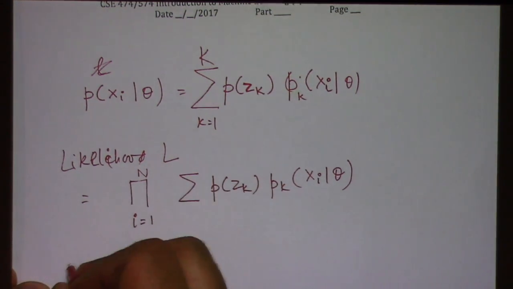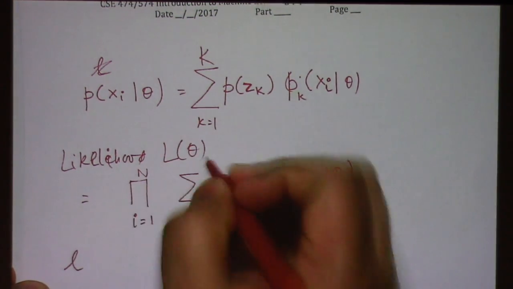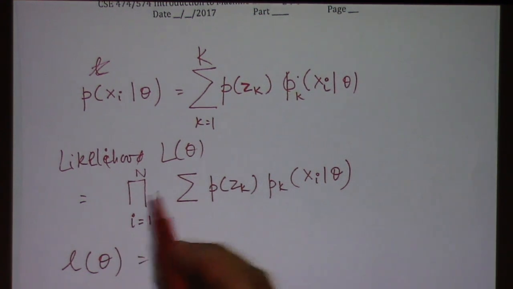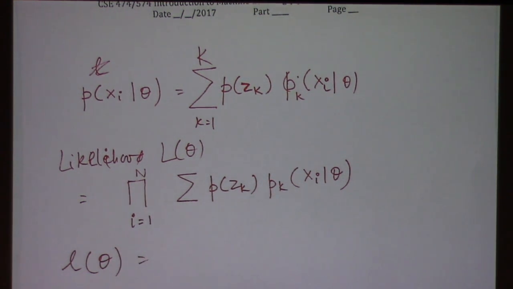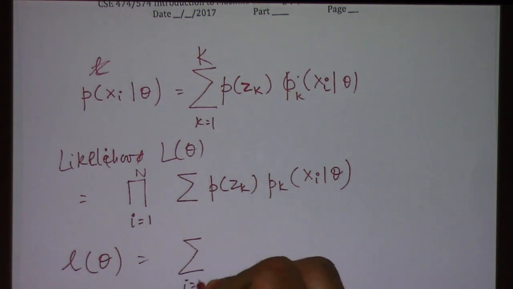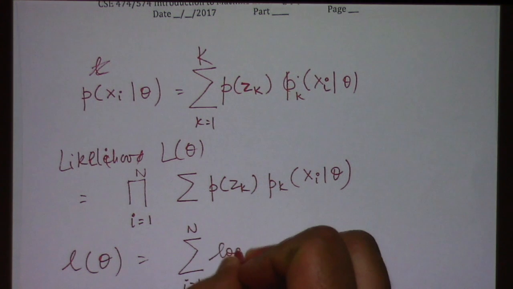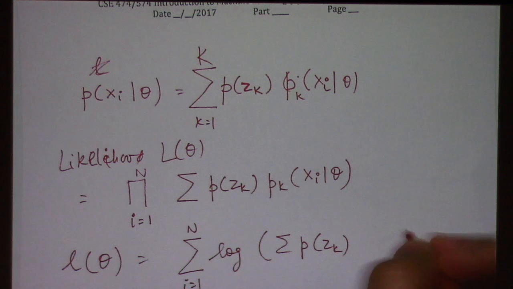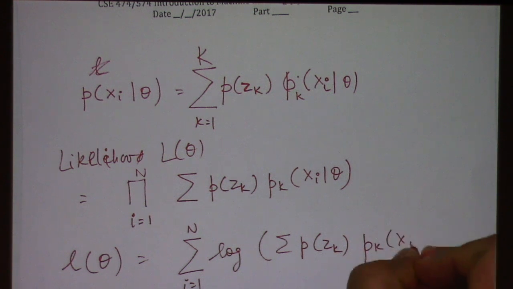Then I can take a log here, and this is a function of theta, the log likelihood of your data. The reason we take the log is that this product becomes a summation. So it will become the summation over i equal to 1 through n of the log of the summation over k of p(z=k) p_k(xi | theta).